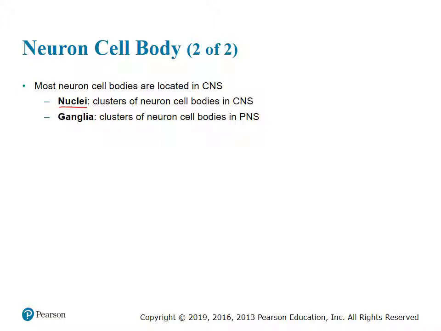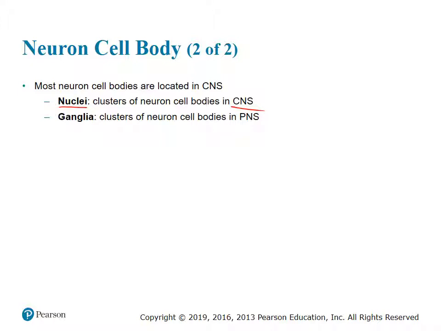Even though that sounds like a nucleus, it's actually nuclei if it's in the CNS. So there will be portions of the spinal cord and portions of the brain where you're going to find the nuclei, like basal nuclei, and so on and so forth. When you hear nuclei when we talk about the brain, these are clusters of cell bodies in one area called nuclei.